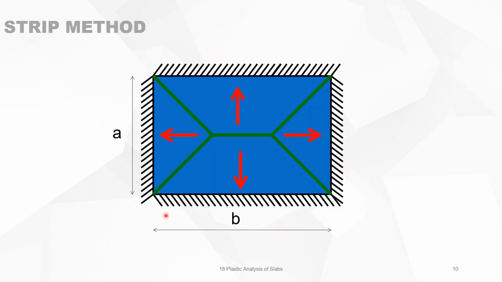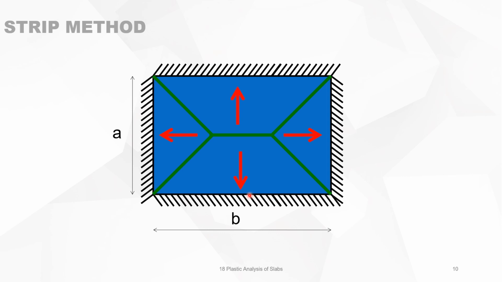Let's have a closer look at the strip method. We've seen that when taking a slab and gradually increasing the uniformly distributed load, there will be yield lines, and the whole slab will divide itself into sub-slabs, making a mechanism, until all bending moments are completely redistributed.